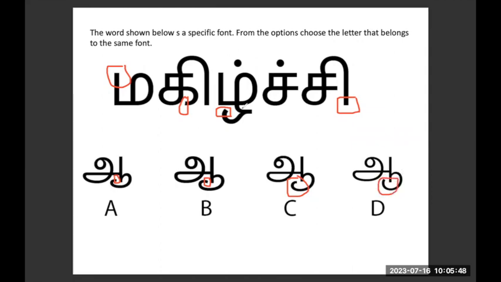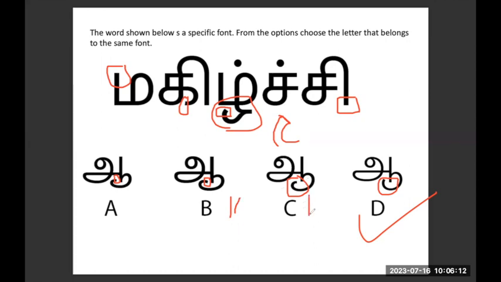If I look at the quality that this curve has, it is very similar to what this curve actually is. That curve ends like this. It actually ends like this with an angle. That angle is seen only in option D. Option B has a vertical or an inverted angle.